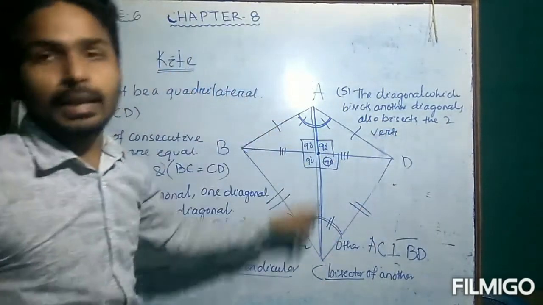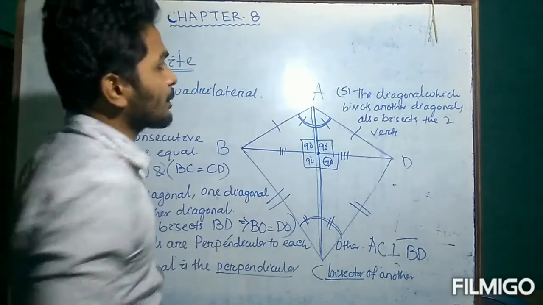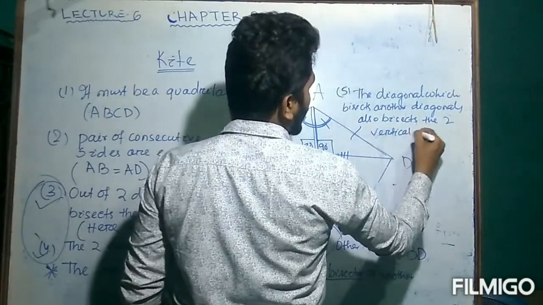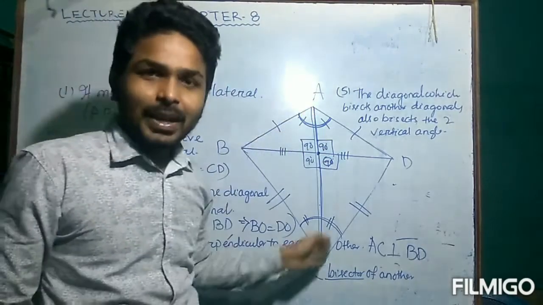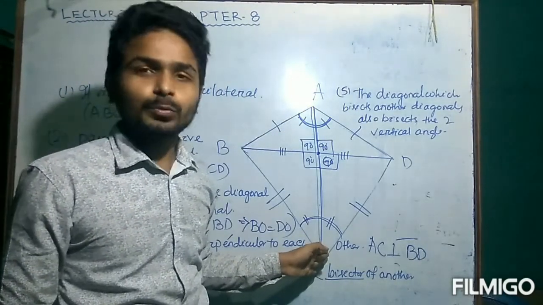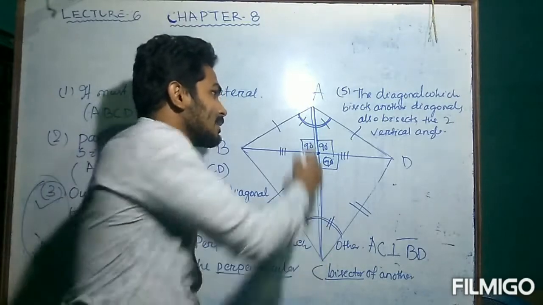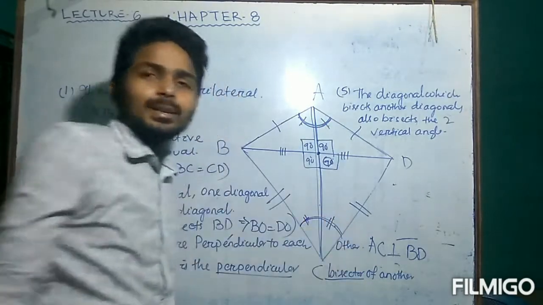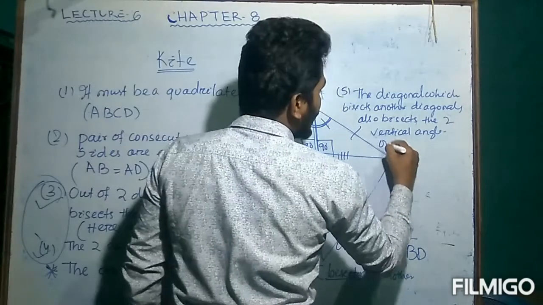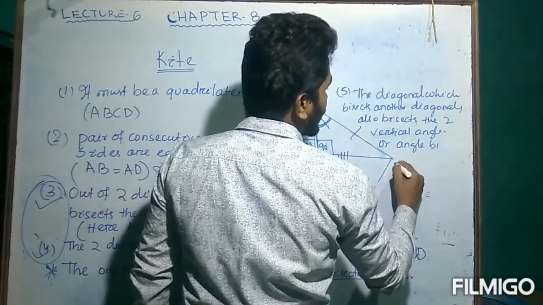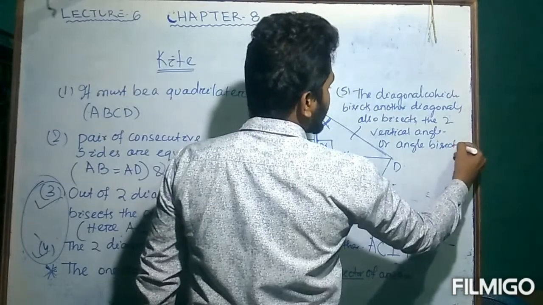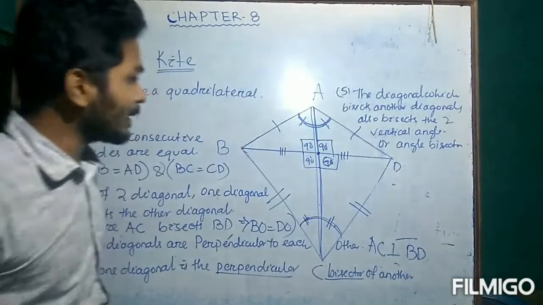These two are known as vertical angles. Or simply you can write they are the angle bisector of the two vertical angles. That means this angle is equal to this angle and this angle is equal to this angle. This is the most important point. You have to remember it.